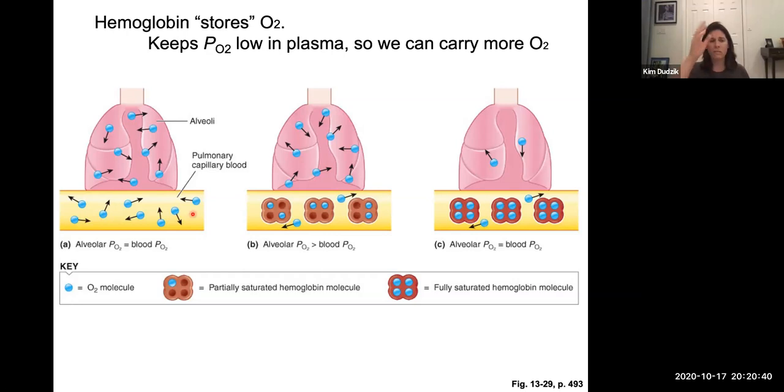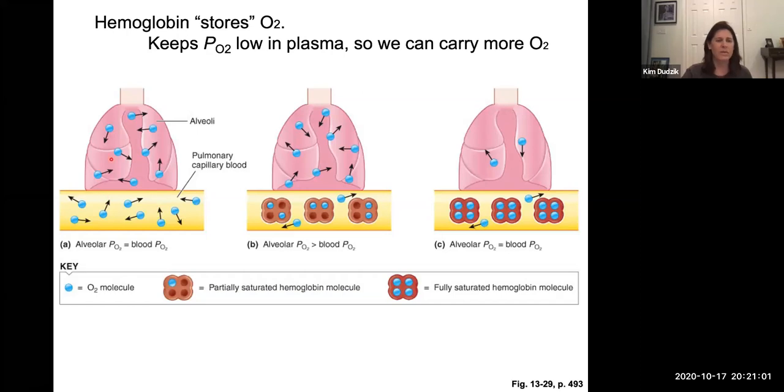So let's imagine just for a minute in this first panel. Here we are in an alveolus. It's actually showing the whole lungs, but imagine this is one alveolus here. Here are oxygen molecules bouncing around in there. And now here's a blood capillary, and let's pretend we didn't have any red blood cells. That's what we're seeing here.